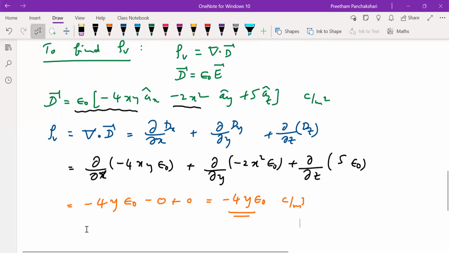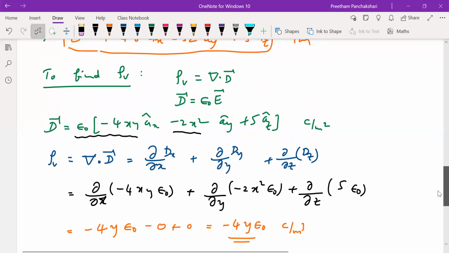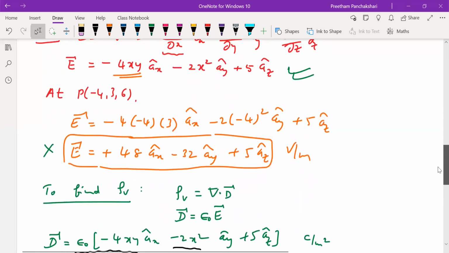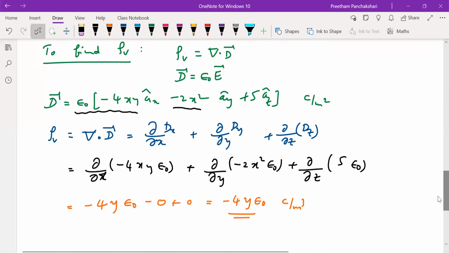If you want to find this volume charge density at the point specified, we can use the point given in the problem, minus 4, 3, 6.